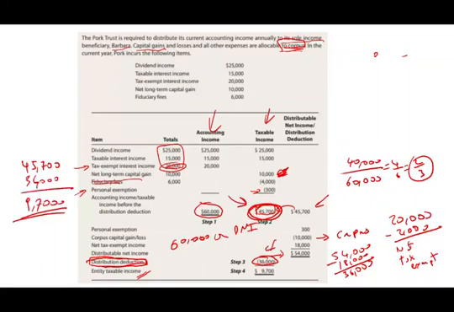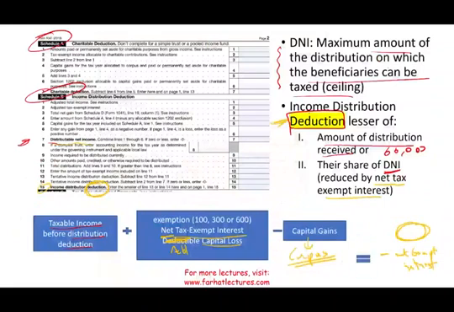So let's try to plug everything into the tax form. This way, hopefully it will make more sense to you. If we go back to the form itself, the tax form, after all said and done, our income distribution deduction was determined to be 36,000.